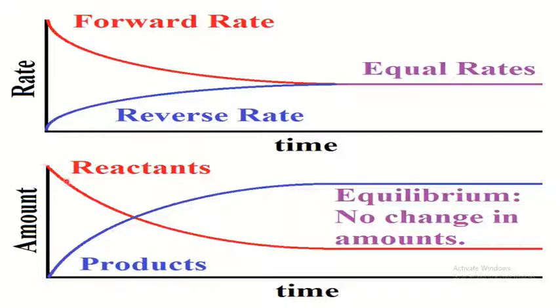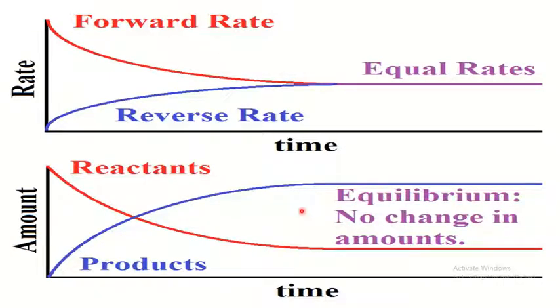But with time the concentration of reactant decreased, and with time the concentration of product increased. But here, the concentration of reactant and product do not change, because this is the equilibrium state, where it seems that the reaction is stopped, but actually the reaction is going on. The reaction is not stopped here.